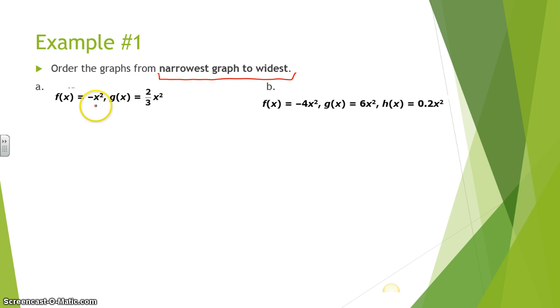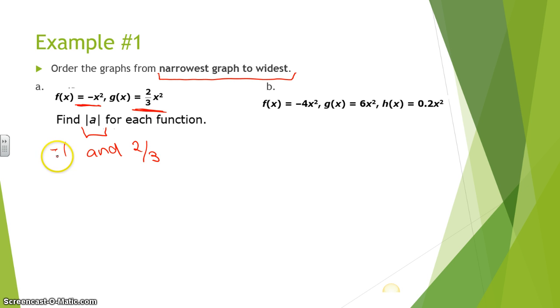Notice the first graph has a negative a. The second one has a fraction, 2/3. Based on how narrow or wide the graph is, it's going to go in a specific order, but we need to first look at a. Our a values are negative 1 and 2/3.